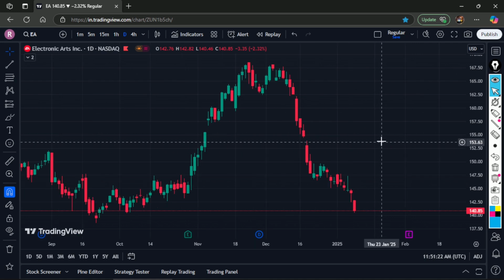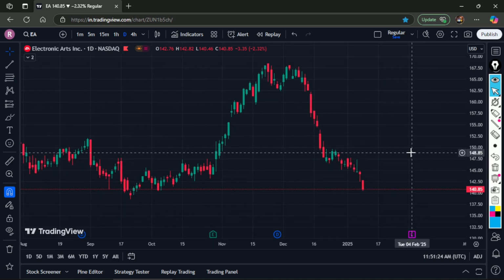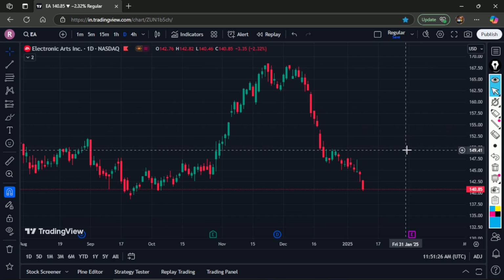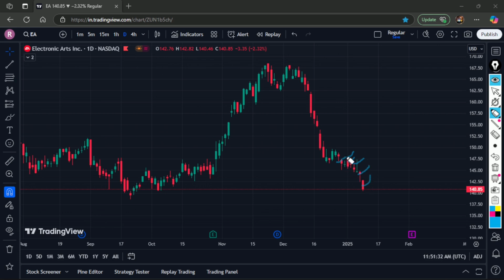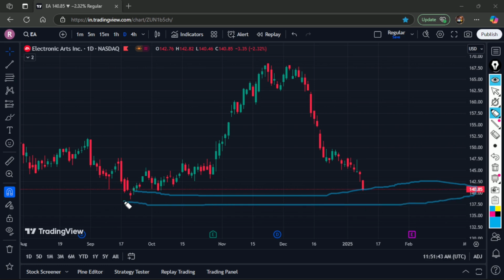Here in EA, a similar kind of scenario is happening. You can see 1, 2, 3, again multiple negative candles are there, again sellers are present over here. But now it is at a point where sudden buying pressure can come near about this level or any level. Why?